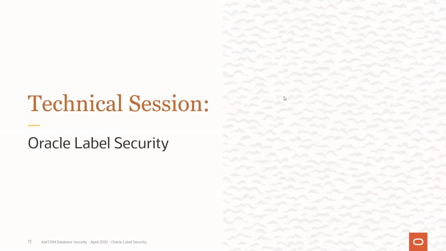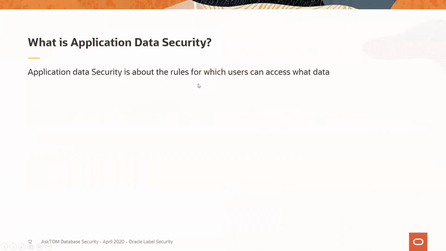So Label Security is part of a group of products and technologies I call application data security. You might also say data-driven security. You'll see that as a pillar or as a group of products and technologies in Oracle. Application data security is the next level of access control on your data.